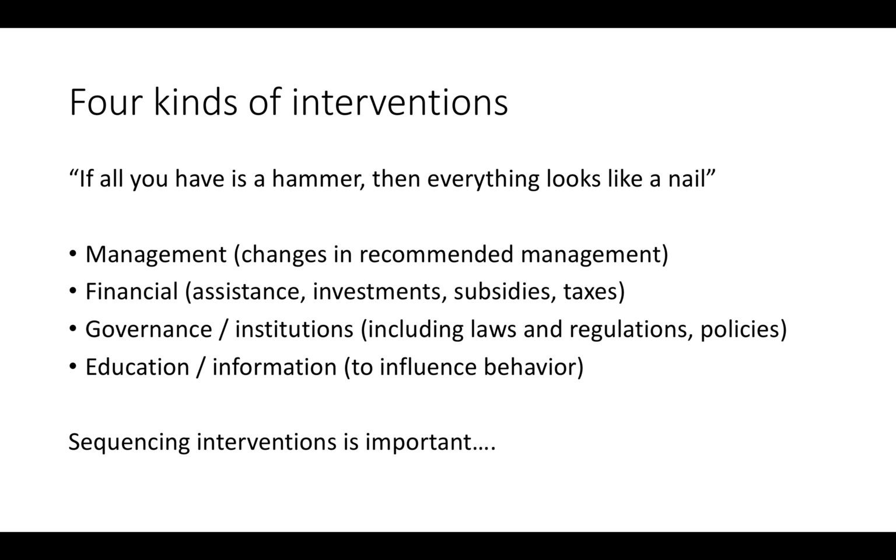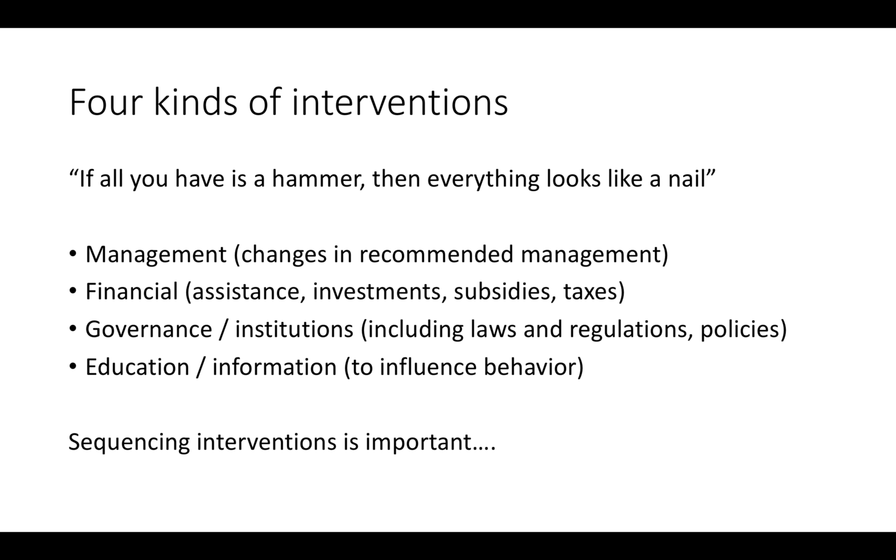But as we know, when dealing with dynamic and adaptive systems, everything is not a nail. And so you need different tools in the toolbox to try to guide transformation, or to manage the adaptation of the system.